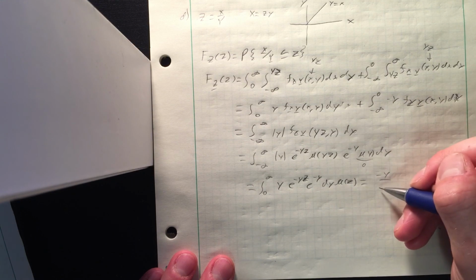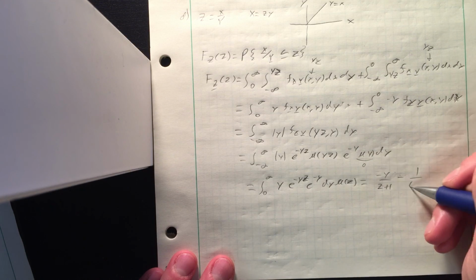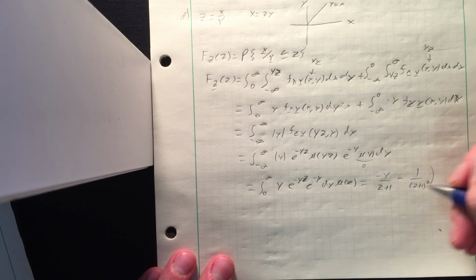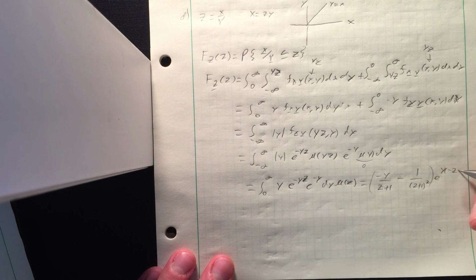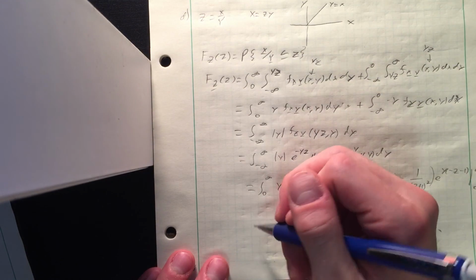So this gets us negative y over z plus 1, minus 1 over z plus 1 squared, multiplied by e to the y times negative z minus 1, evaluated from infinity to 0.